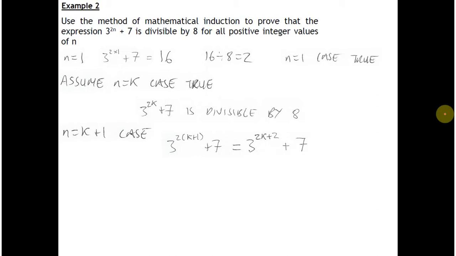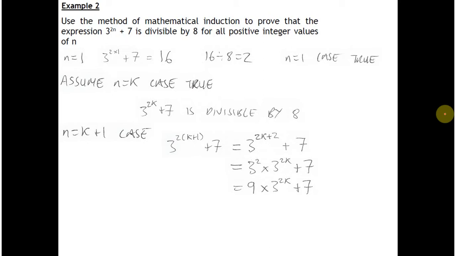Now what we can do with powers, we don't want 3^(2k+2), we want 3^(2k). But from indices rules, 3² times 3^(2k), we would add those powers and get 3^(2k+2). So I've split it off. So I've got 3² times 3^(2k) + 7. 3² is 9, so we've got 9 lots of 3^(2k) + 7.